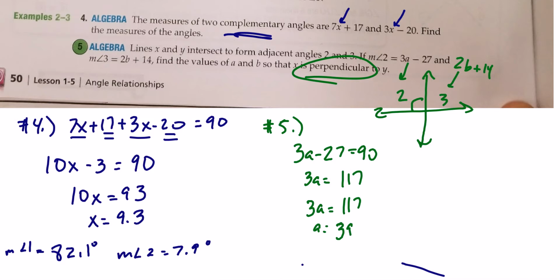Alright, and now you plug your 39 in there, so you get 3 times 39 is 117, minus 27 is 90, so I just checked my work, so a is 39. Now I'm going to say 2b plus 14 equals 90. I'm going to subtract 14 from both sides this time. Doing this backwards, I get 2b equals 76.